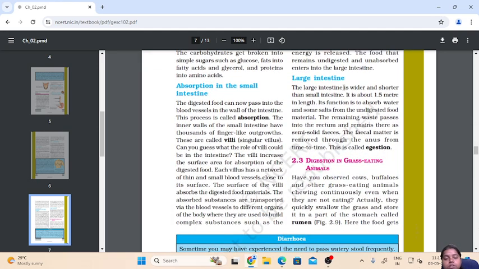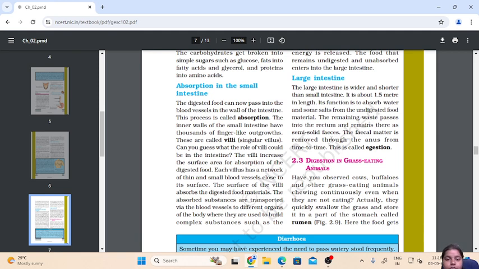Then the absorption in the small intestine. Now we'll see how the broken down components of the food are absorbed. The digested food passes into the blood vessels in the wall of the intestine, and that process is called absorption.